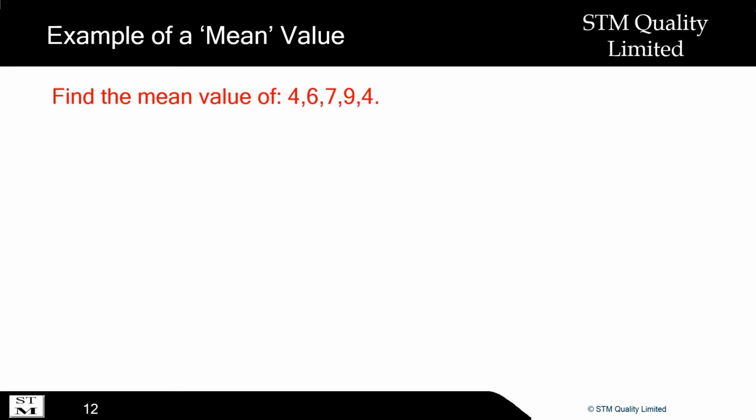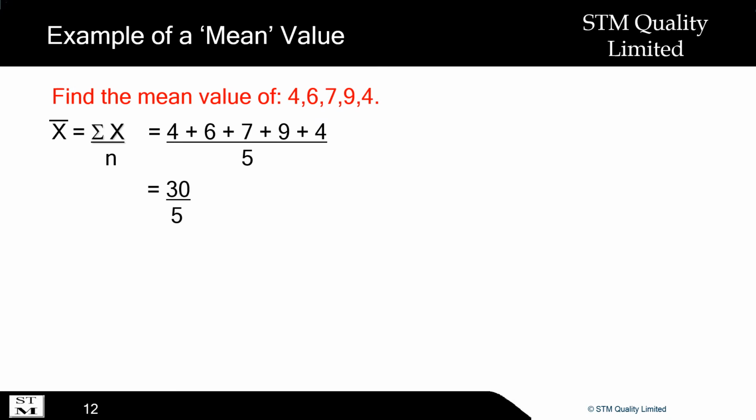Find the mean value of 4, 6, 7, 9 and 4. We know the formula x bar equals the sigma of x over n, which is equal to 4 plus 6 plus 7 plus 9 plus 4 divided by 5. This is equal to 30 divided by 5, which equals 6. So the mean value is 6.